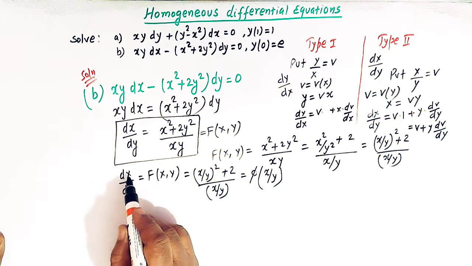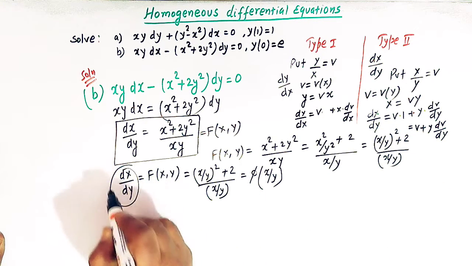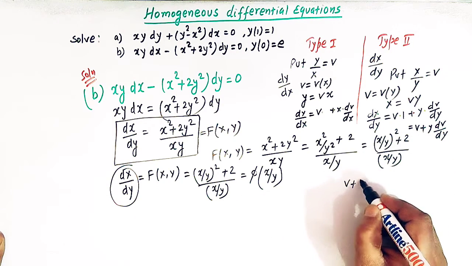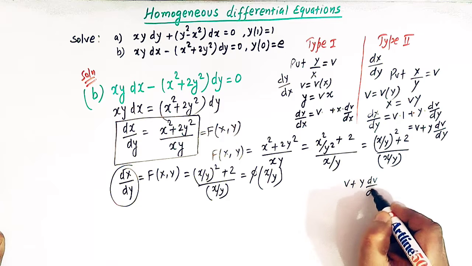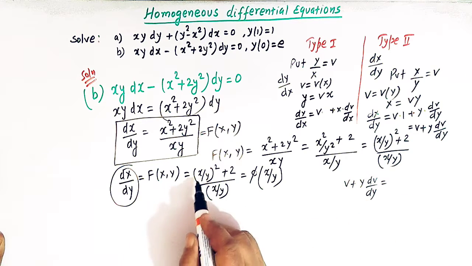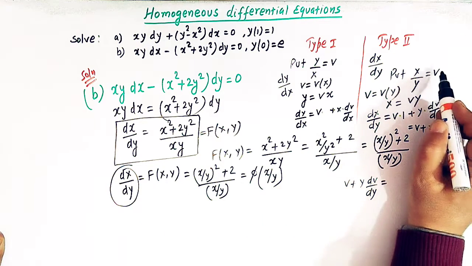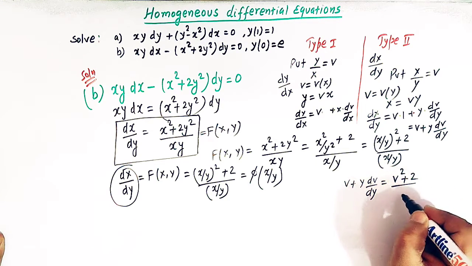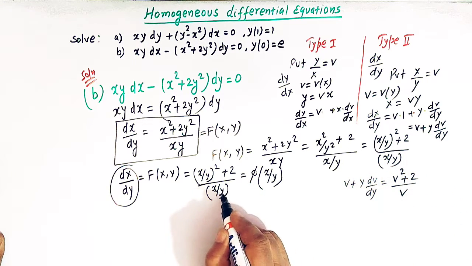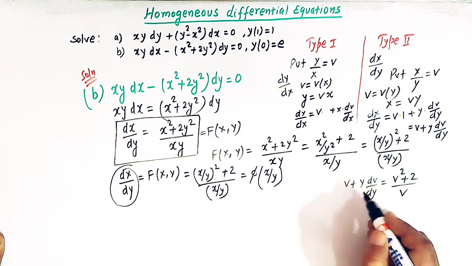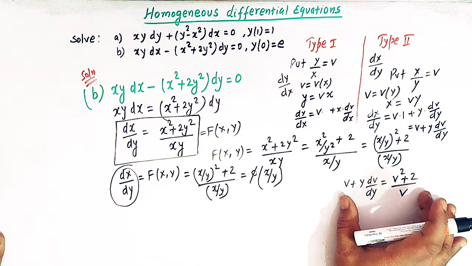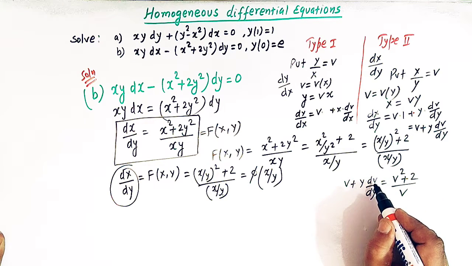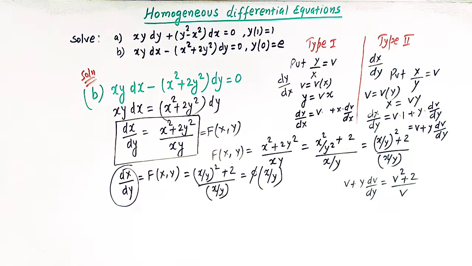Now we can replace this dx over dy by v plus y dv over dy, and here we have x over y as v, so we have v square plus 2 over v, because x over y is v.